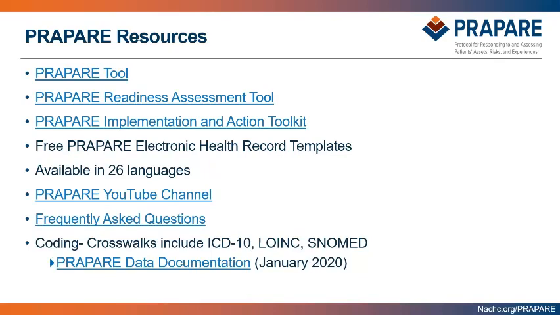EHR templates are available for free after signing an end user license agreement available on our website. PRAPARE is available in more than 25 languages with translations validated at community health centers for comprehension and cultural competence. And finally, coding. Many PRAPARE EHR templates have used crosswalks to map PRAPARE measures to ICD-10 codes, LOINC, and SNOMED.